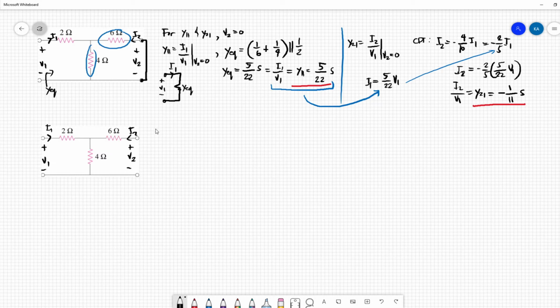So next, to solve for Y12 and Y22, we need to short port 1, or our V1 is equal to 0. So for Y12 and Y22, V1 is equal to 0. Our Y12 equal to I1 over V2, where V1 is equal to 0.